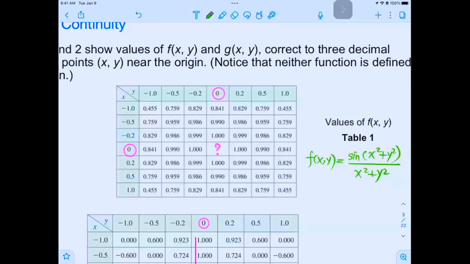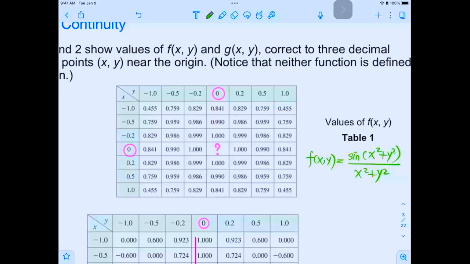What number do you think here? If I keep the y here fixed to be 0, then for all this column the y will be 0, and then for the x, you're going to pick different x: negative 1, negative 0.5, negative 2, and you get those values here.